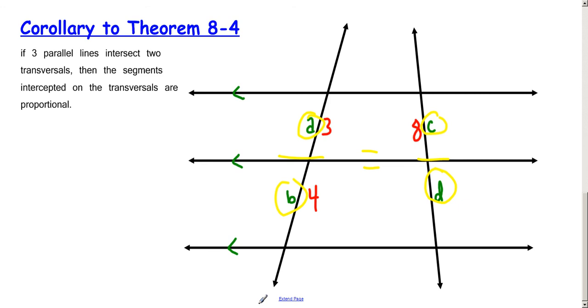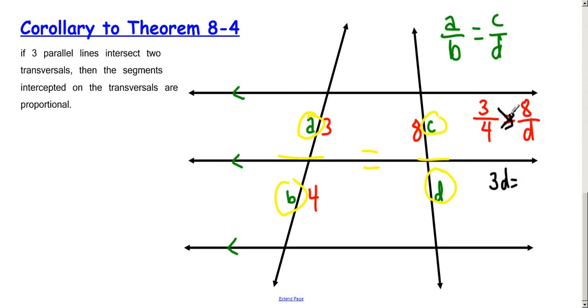Okay, real similar pattern with all 3 of these theorems and corollaries. So let's set this one up. A is to B, maybe we should write that up to the side. A is to B as C is to D. So if we plug in the numbers we know, if we want to solve for this D here, then we can say 3 is to 4 as 8 is to D. Okay, we cross multiply. 3D equals 4 times 8, which is 32.